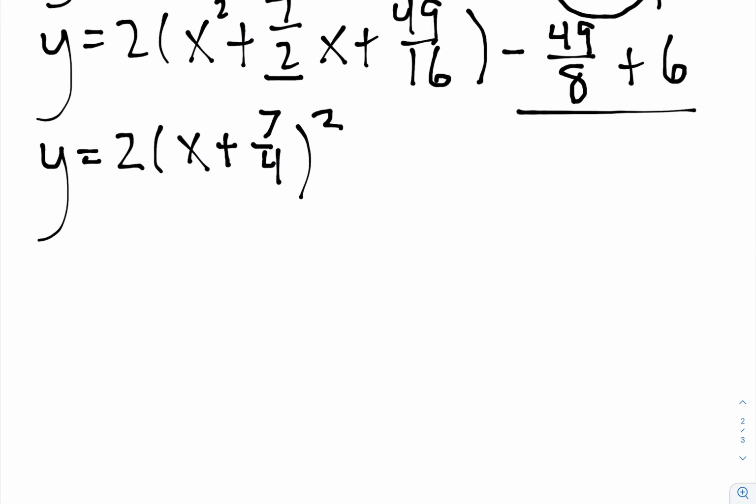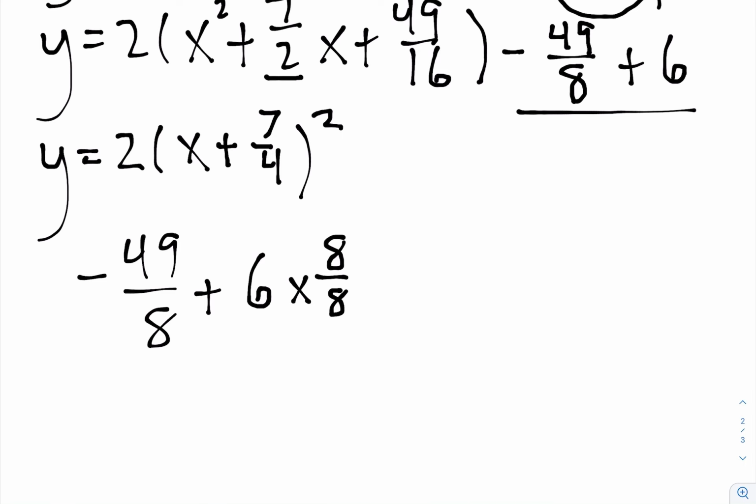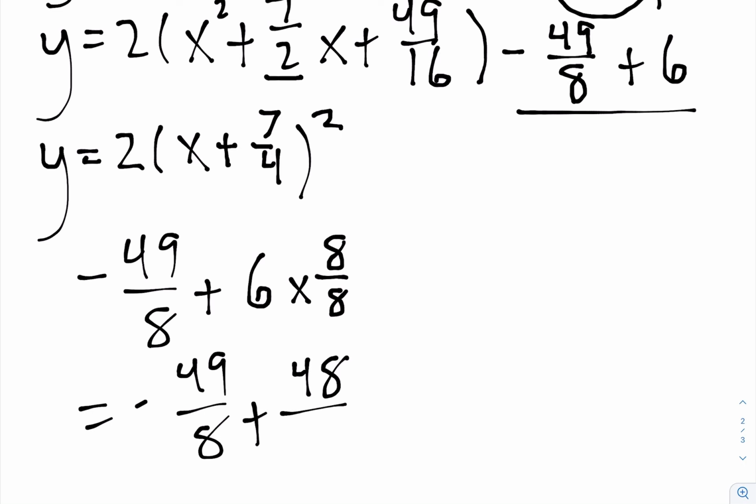So if we have negative 49 over 8 plus 6, right? The common denominator is 8, so we can multiply the 6 by 8 over 8. Okay, and this is going to give us negative 49 over 8 plus 6 times 8, that's 48, so it's 48 over 8.